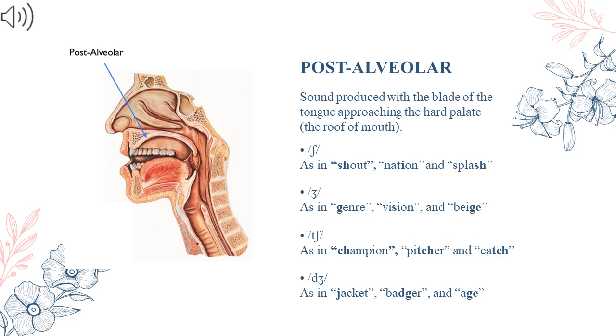The words are genre, vision, and beige. And the third, ch. The words are champion, pitcher, and catch. And the last one, fourth, j. The words are jacket, pitcher, and age.